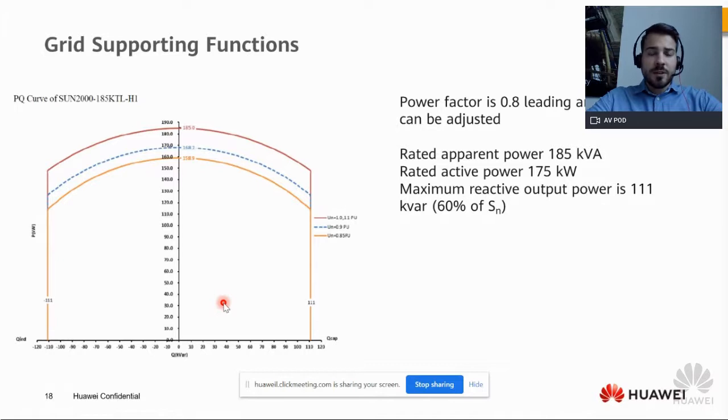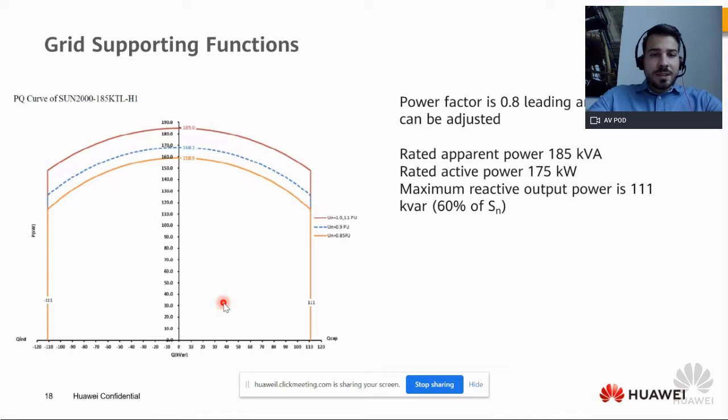And the maximum reactive power that it can output is 111 kilowatt, which is 60% of the apparent power. And by this way, and the functions that are included via software, the inverter can support V-grid. V-grid can be defined as a short circuit ratio of 1.5.